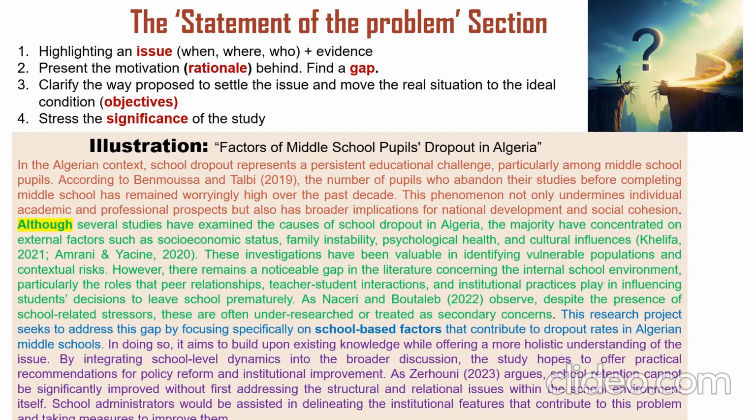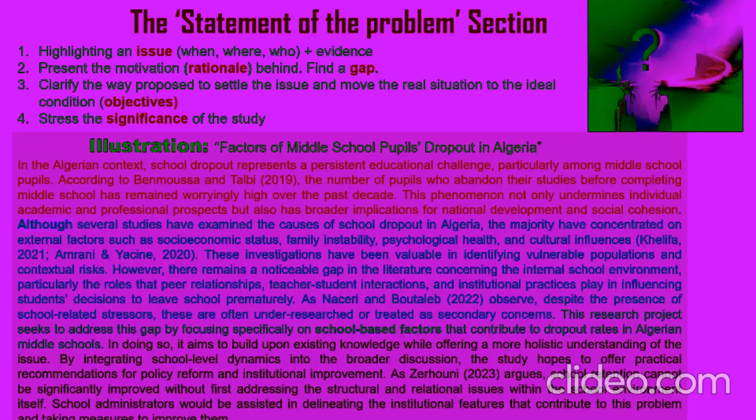Well, school administrators, another stakeholder here, another community who will benefit from the study, would be assisted. Look at the structure. Would be assisted in delineating the institutional features that contribute to this problem, and so understanding the problem itself, and then taking measures to improve them.